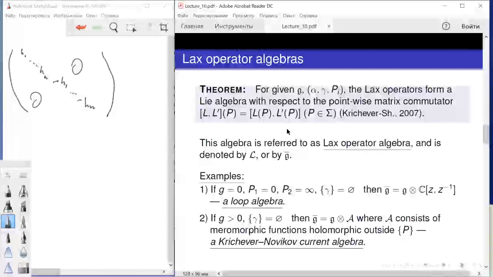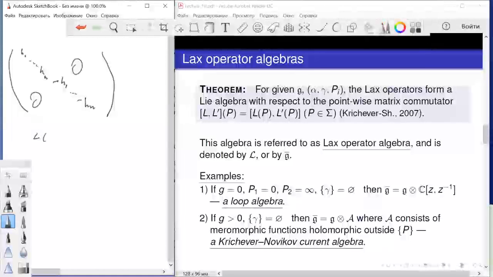It's especially easy to see in the form where L of Z is equal to Z to H, L holomorphic of Z, to minus H.